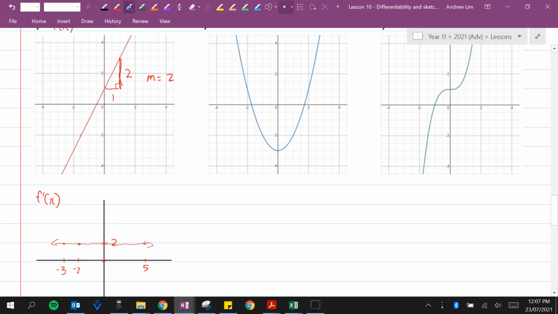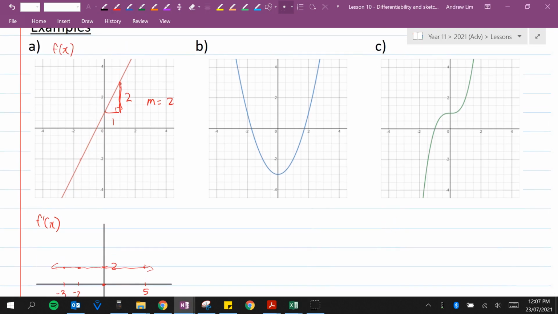Okay, let's have a look at the second example, B. Here we have f of x, and we want to graph the gradient function f dash of x. The first thing I would do is write down plus and minus signs or a 0 wherever to describe the gradients for this curve. So if I were to draw the tangents along, like at this point here, the tangent is sloping down, so it's negative.